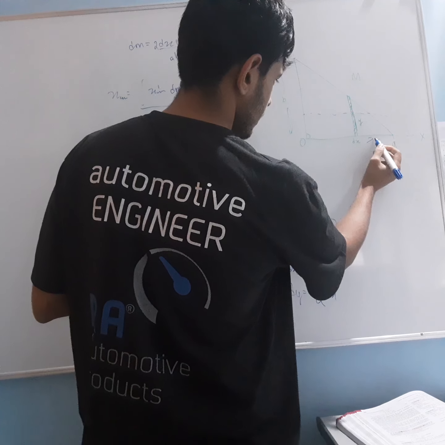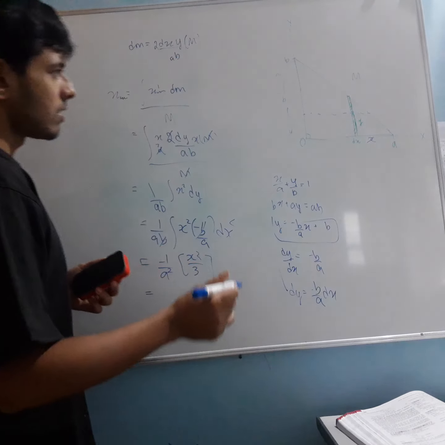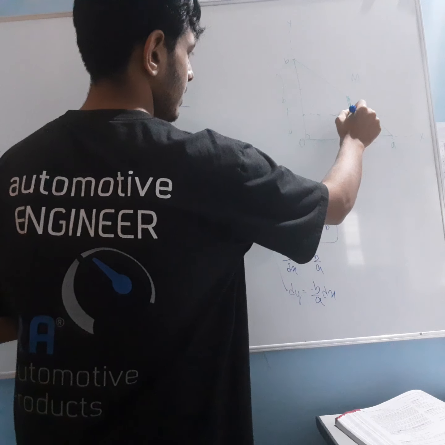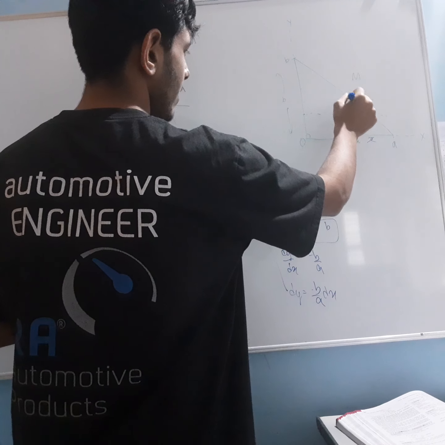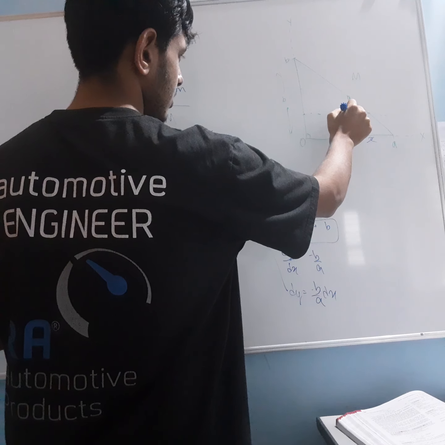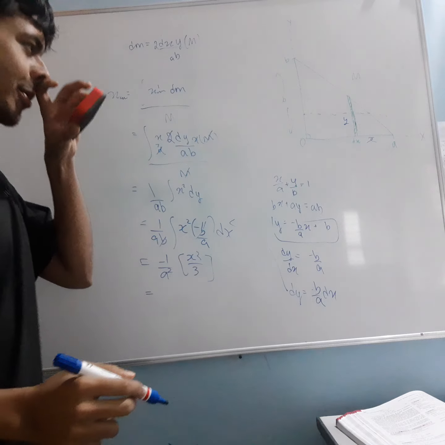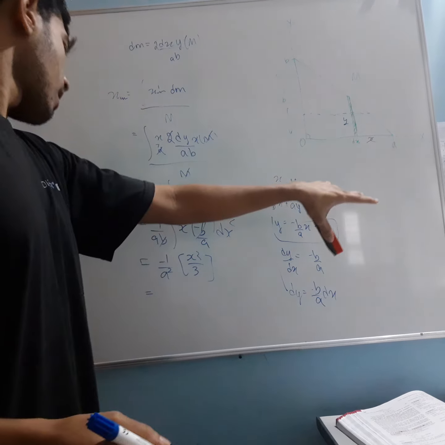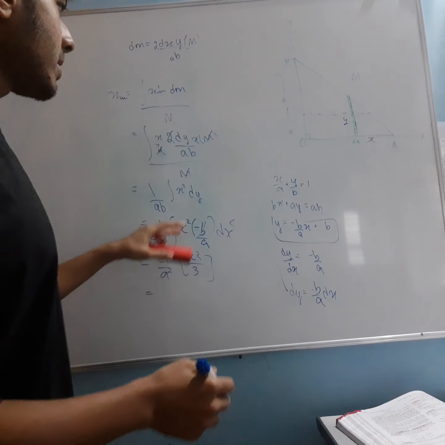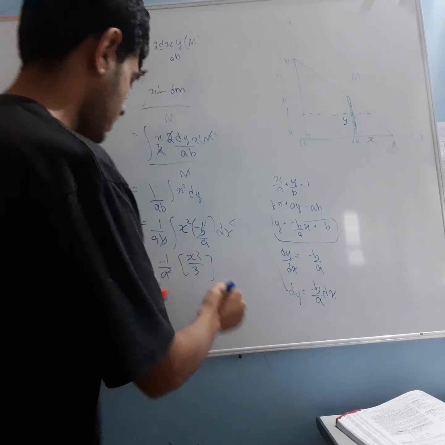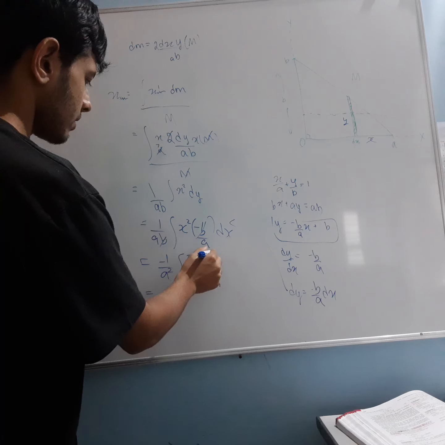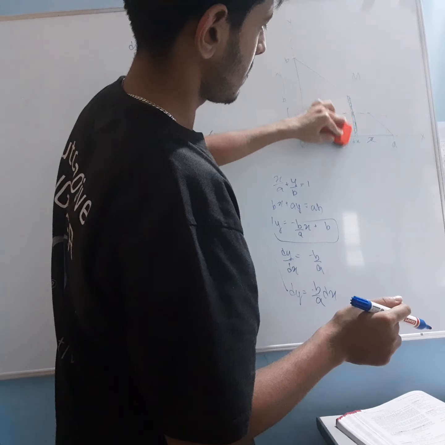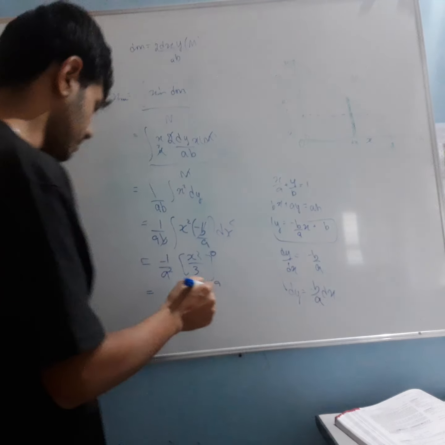So x is somewhere over there, and what we are doing is take this as your y-axis, of course. So you'll be going from a to 0, my bad. So what you get is a to 0.